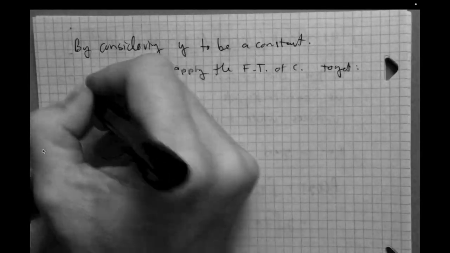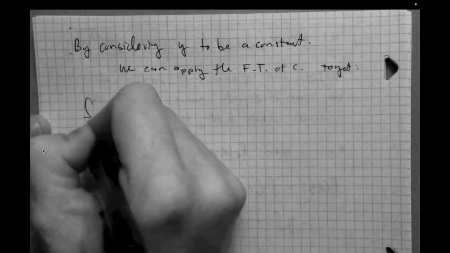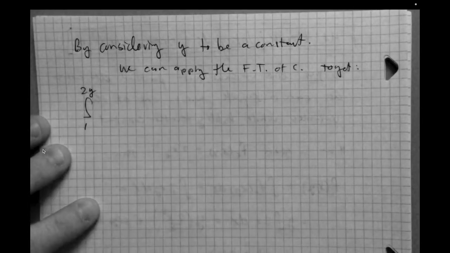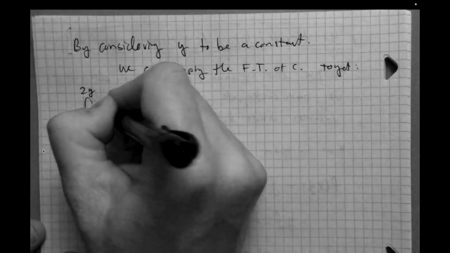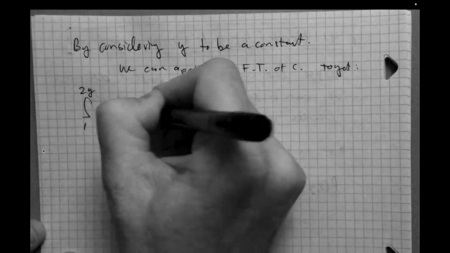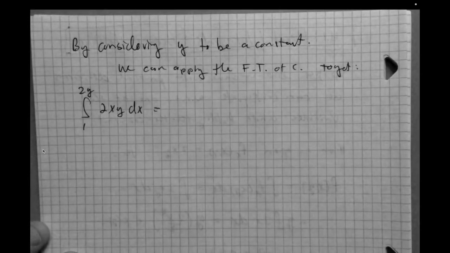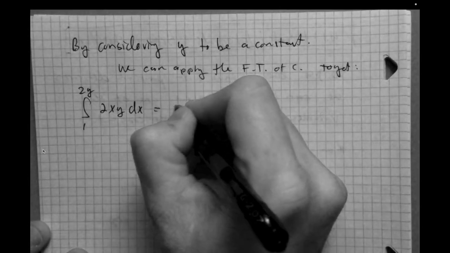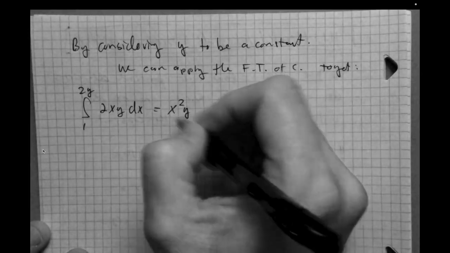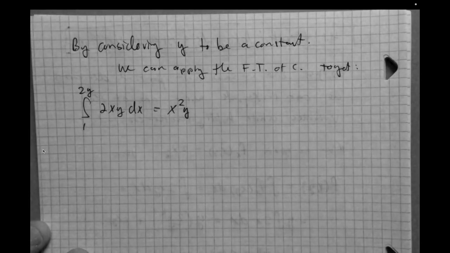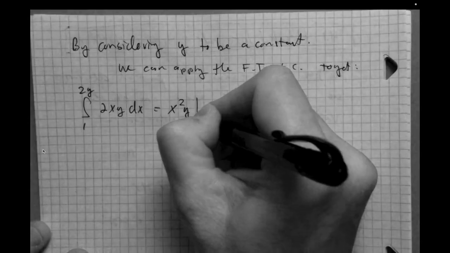Okay, so again, this is back to our previous example. If I integrate from 1 to 2y of that partial derivative 2xy, then integrating this, we just saw, produced x squared y plus some constant, but this is a definite integral now, right? So I'm going to integrate.